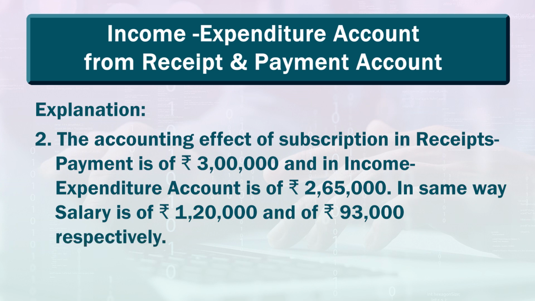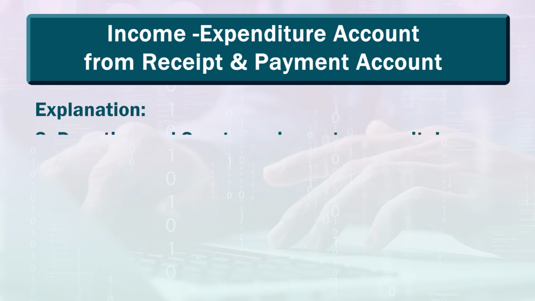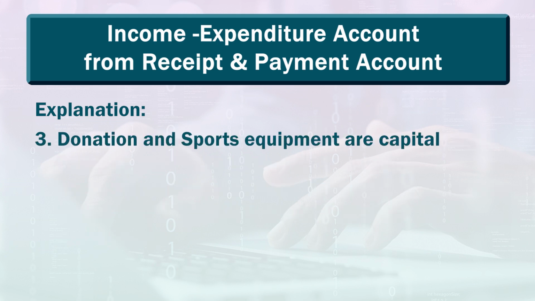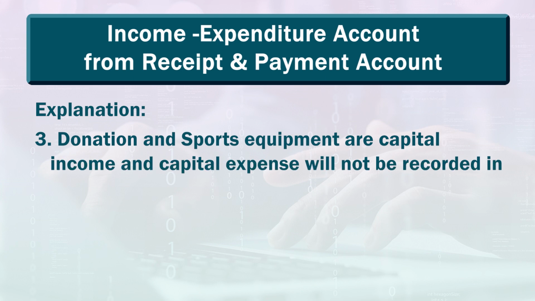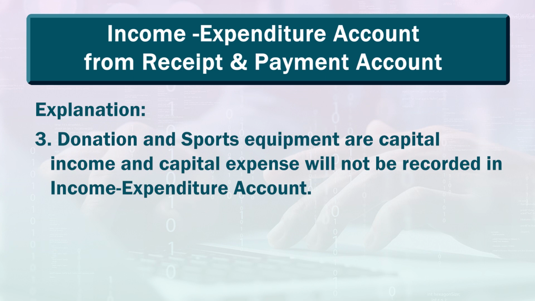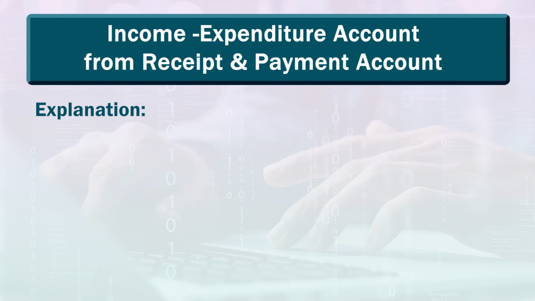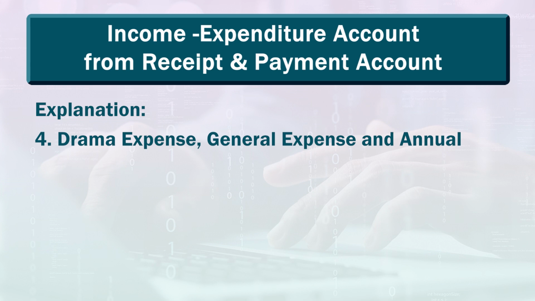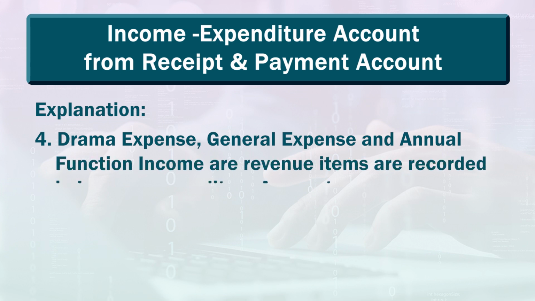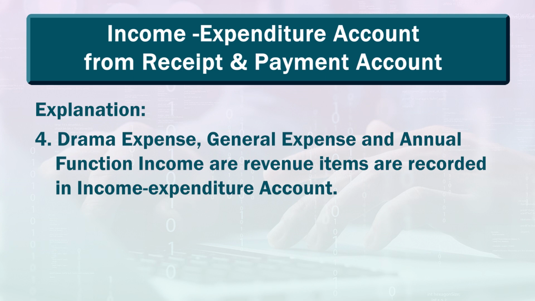In same way, salary is of 1,20,000 rupees and of rupees 93,000 respectively. Third, donation and sports equipment are capital income and capital expense and will not be recorded in income expenditure account. 4. Drama expense, general expense and annual function income are revenue items and are recorded in income expenditure account.